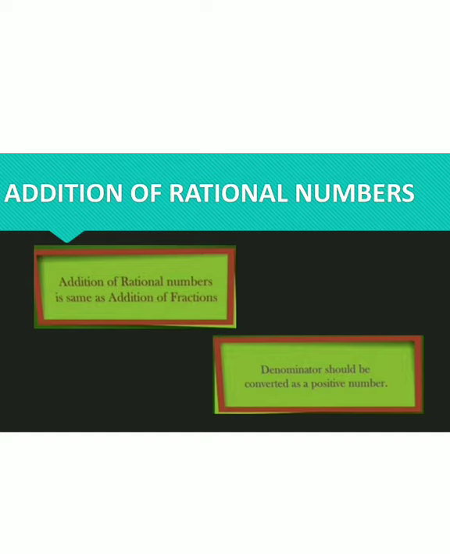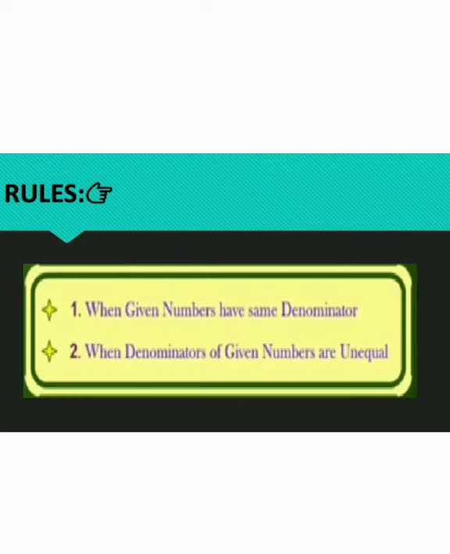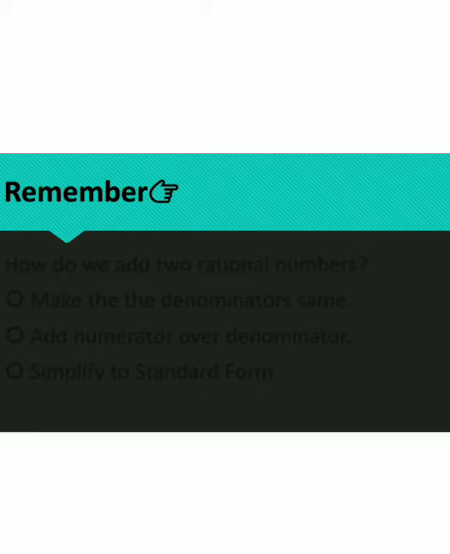In addition, we divide the rational numbers into two categories. Number 1, when given numbers have the same denominator. Number 2, when denominators of given numbers are unequal.